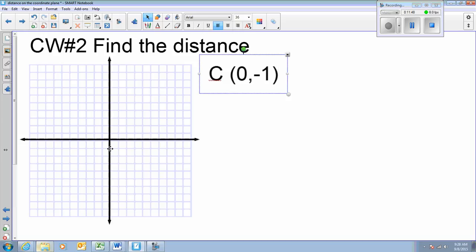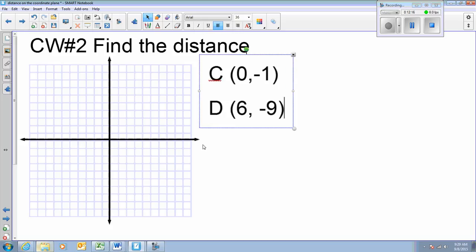Next point we will use is point D. D will go 6 to the side, and how many up? Actually, how about we go not up, we go down. So this time -9.